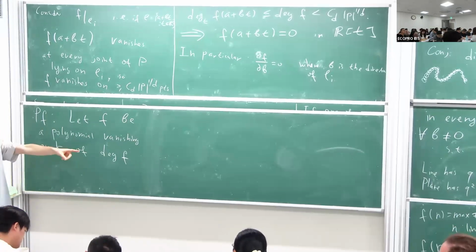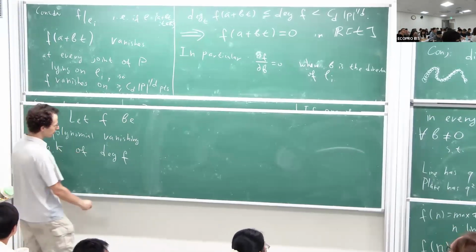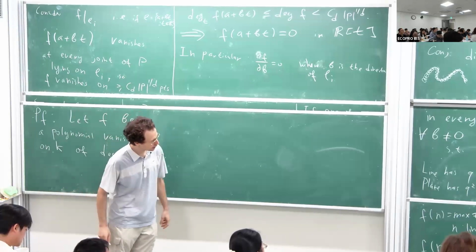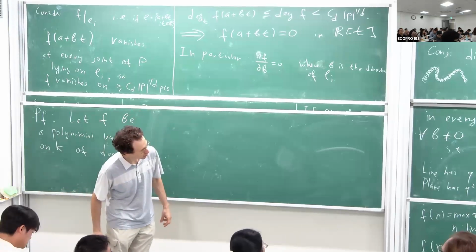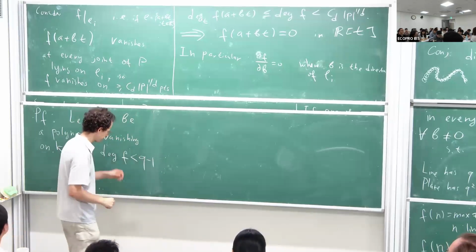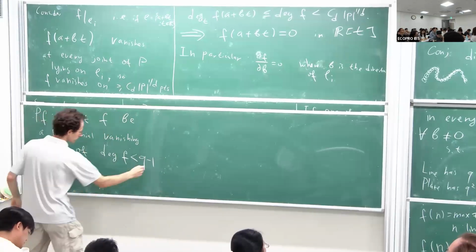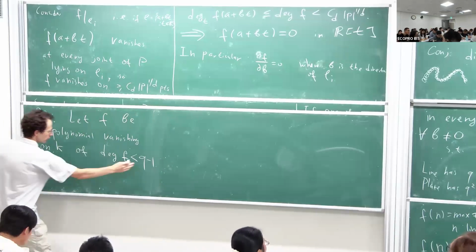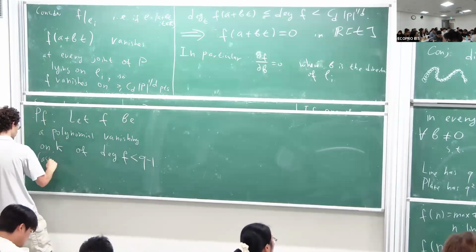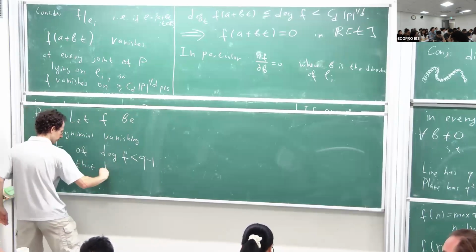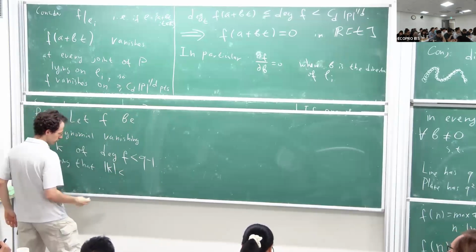Well, if this result were false, we would get a polynomial of degree less than q minus 1.